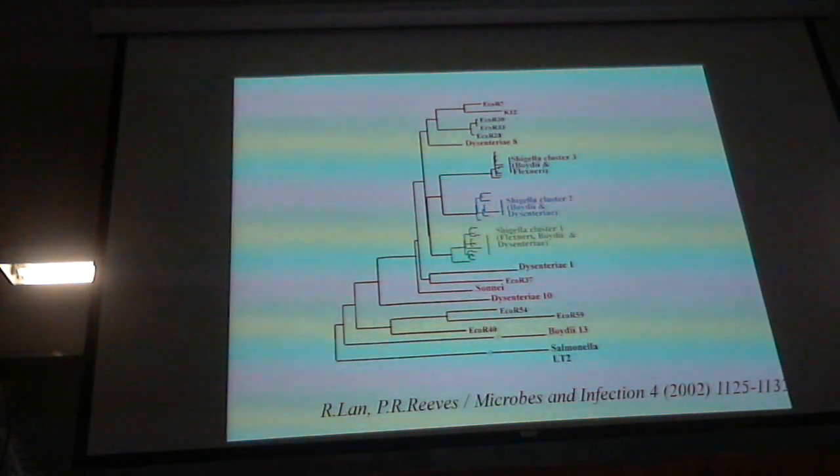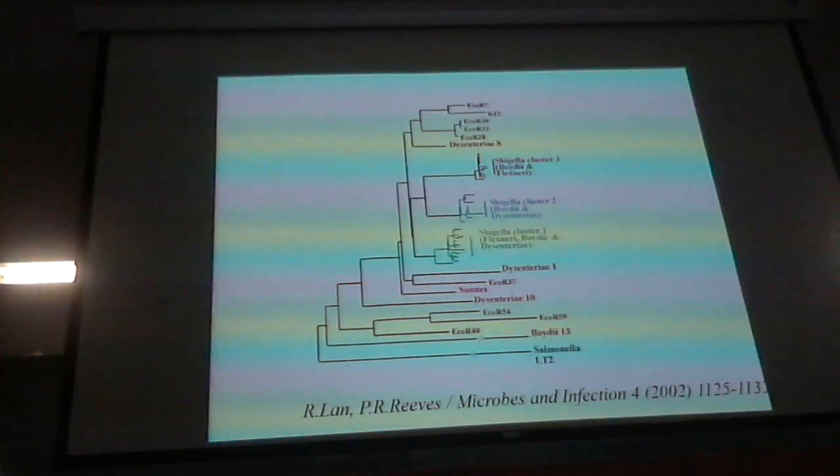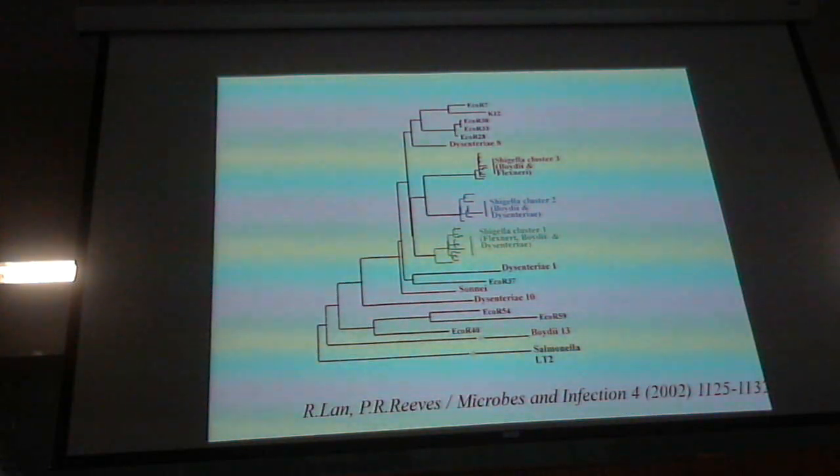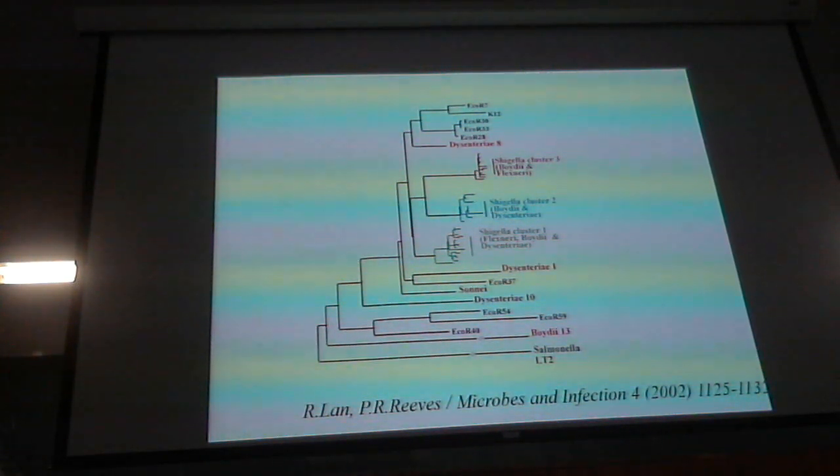Different species of Shigella have different names, like Shigella sonnei, dysenteriae, boydii, and flexneri. And we see that neither the genus itself nor species within this genus are monophyletic. So it's not a genus, and these are not species.